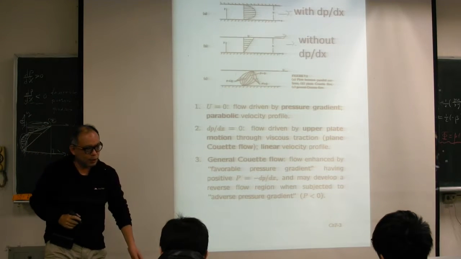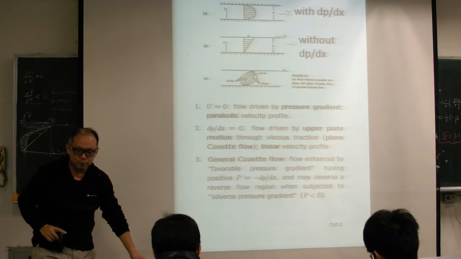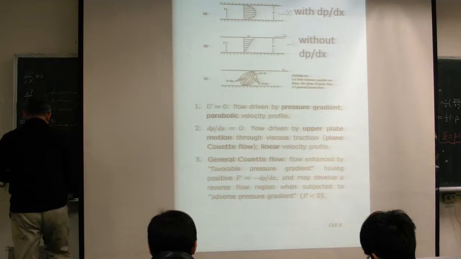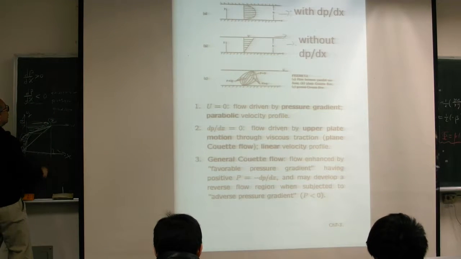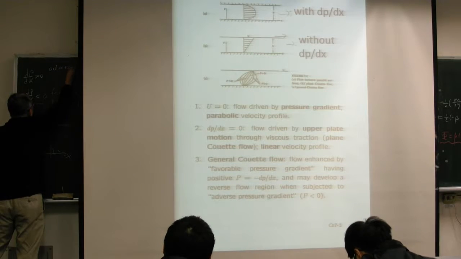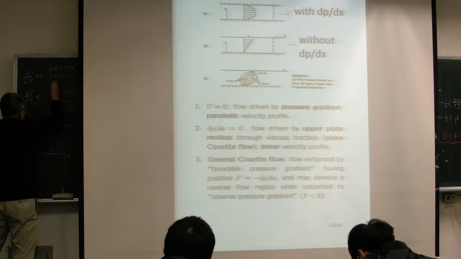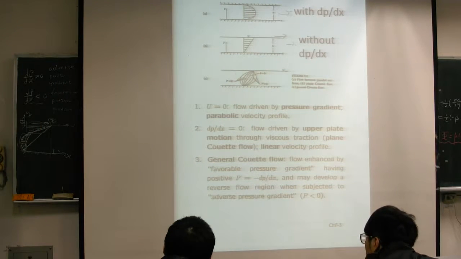So when dp/dx is greater than 0, we call this kind of pressure gradient an adverse pressure gradient. You have to be familiar with these two terminologies.